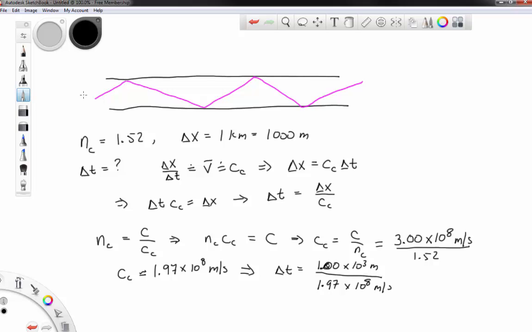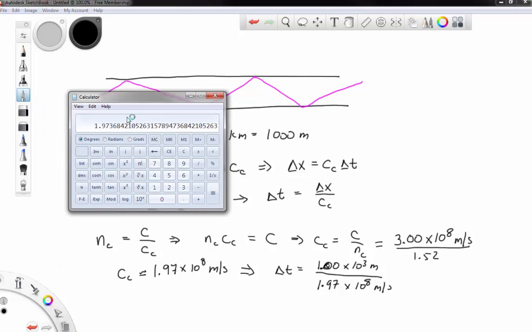So let's go ahead and put in our values. So 1 divided by 1.97 gives us 0.508.